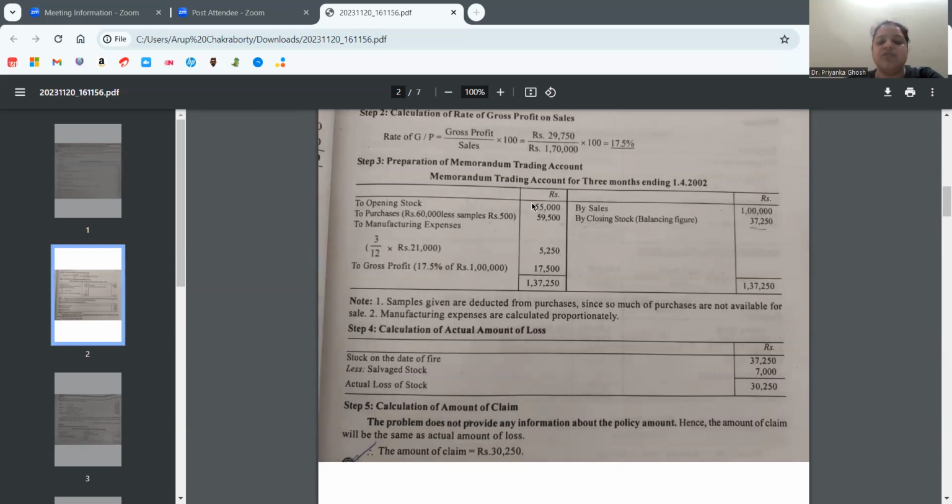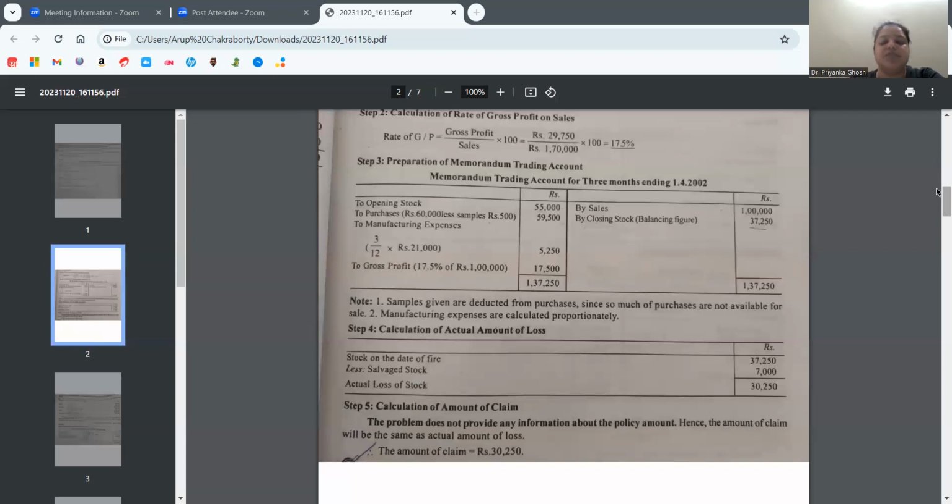So 55,000 plus 59,500 plus 5,250 plus 17,500. The total will come 1,37,250. From 1,37,250, I have to minus the sale, that is 1 lakh. So the balance 37,250 will be the closing stock as a balancing figure. This is the value of closing stock on the date of fire.